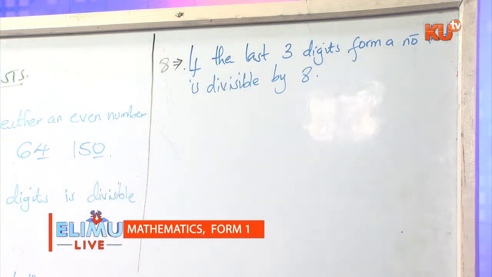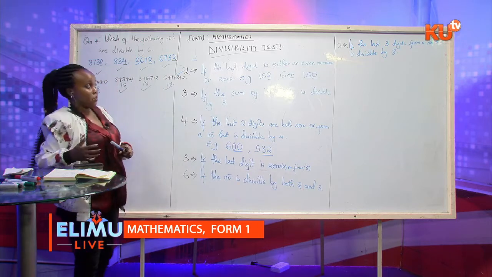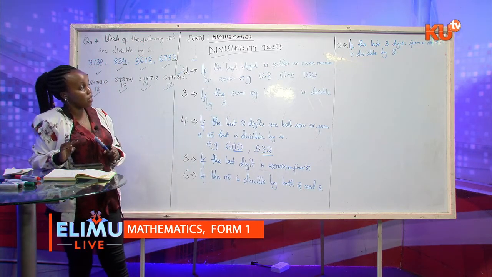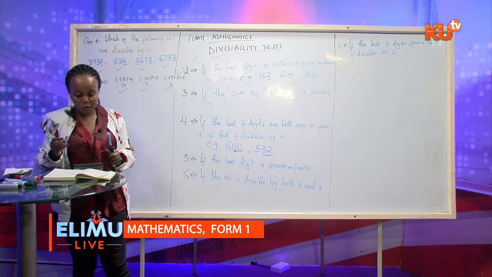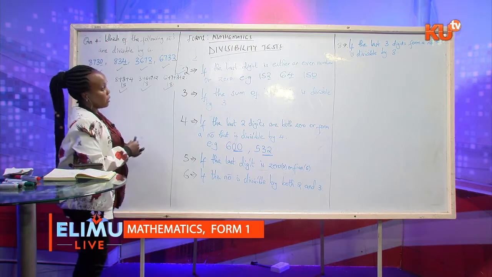So as we can see there, the last 3 digits of that number form a number that is divisible by 8. So we can give an example.